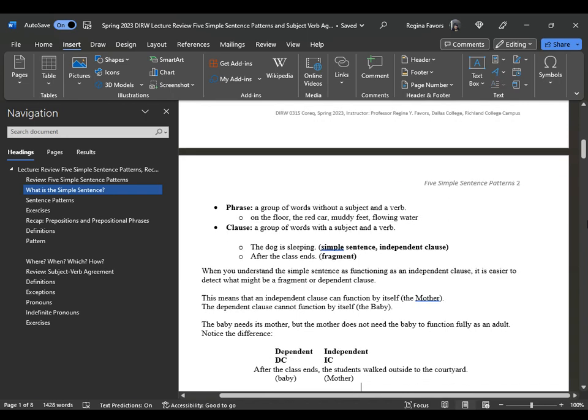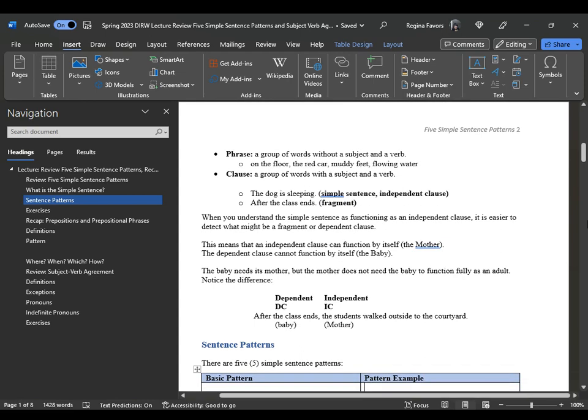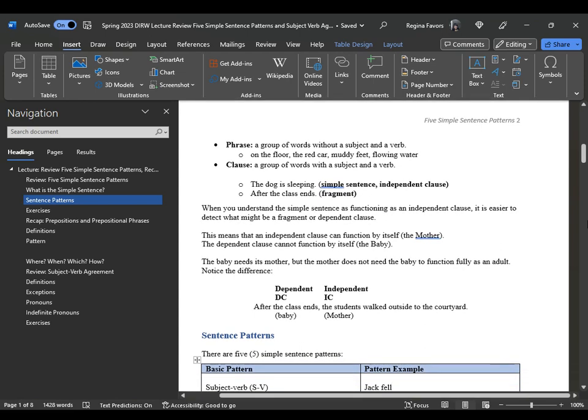When you understand the simple sentence as functioning as an independent clause, it is easier to detect what might be a fragment or dependent clause. So remember that the difference between a dependent clause and an independent clause is like a mother-baby relationship: the mother can function just fine without the baby, because the mother is an adult and operates like an independent clause.